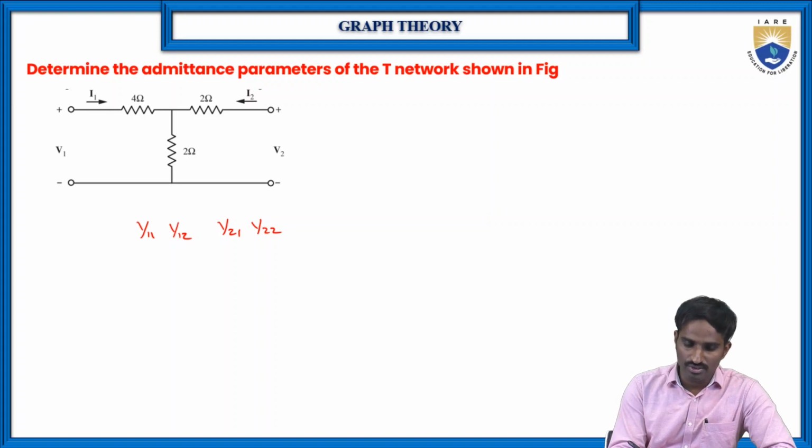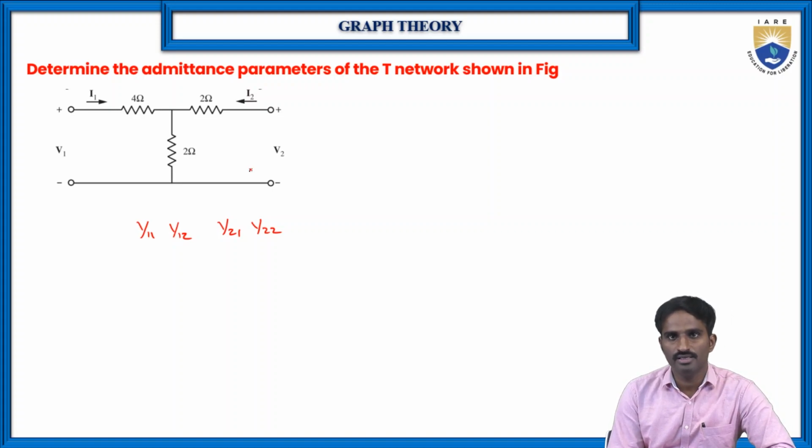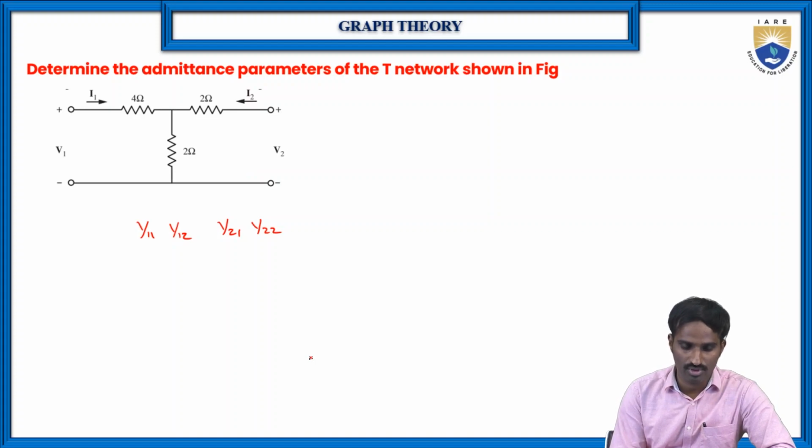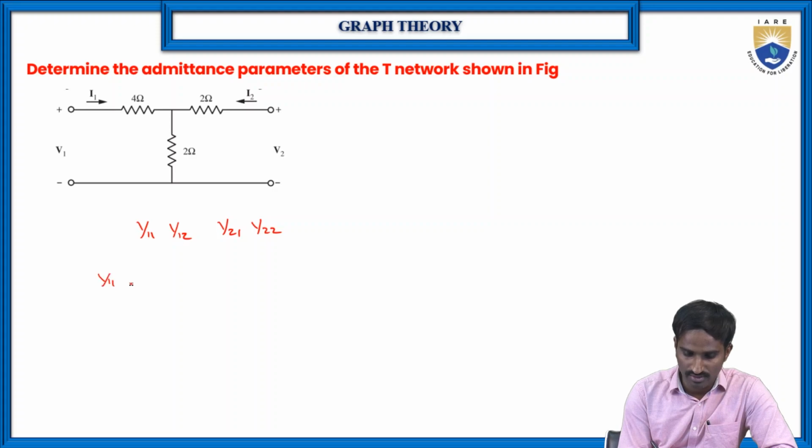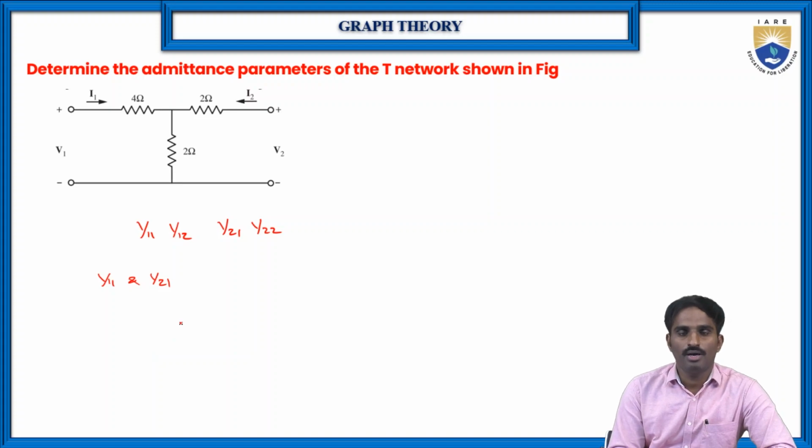First, by short circuiting the secondary terminals and connecting a current source across the primary terminals, we can find the two Y parameters referred to the primary side, which are Y11 and Y21.